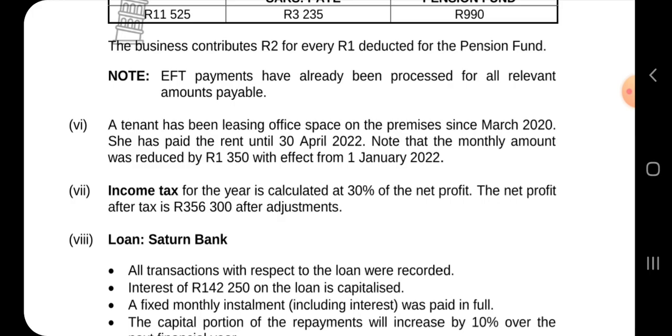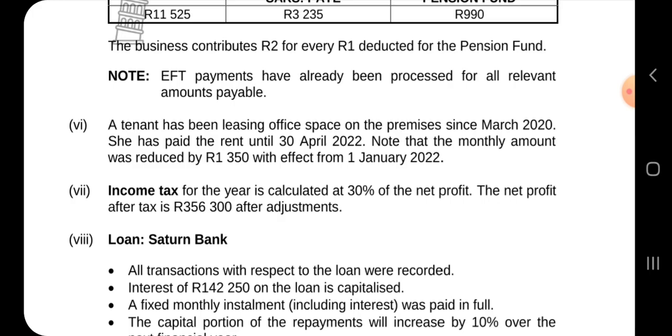So that is 10 months where the 1,350 was still paid. So we will take 1,350, multiply that by 10, which will give us 13,500 rand. That makes it impossible for us to just divide the amount by 14 and then subtract the 2 months that we paid in advance.